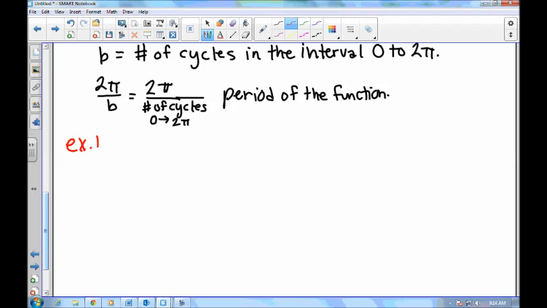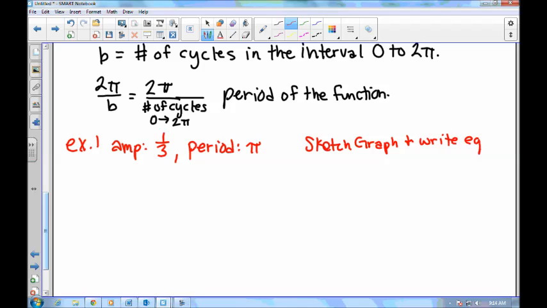For example 1, the amplitude is 1/3 and the period is pi. Your job is to sketch the graph and write the equation. It's really not that bad. I'll step you through this first one. There are a couple just like this on your homework.